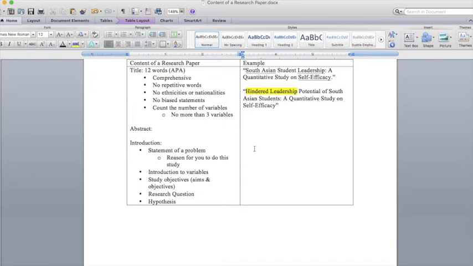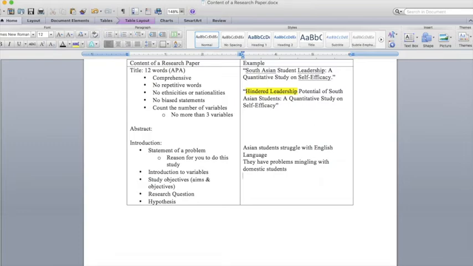Now, I did a bit of digging and I found that Asian students struggle with English language. Okay, they struggle with English language. They have problems mingling with domestic students. Now that's another reason. Okay, a good reason. But is this enough?